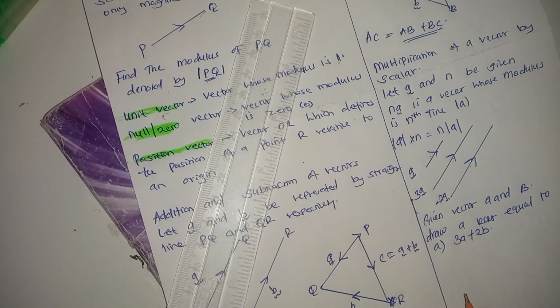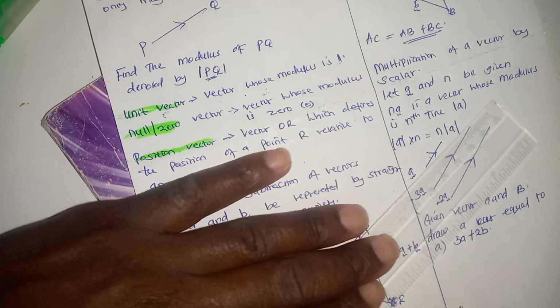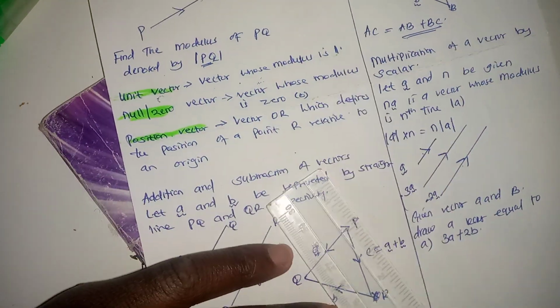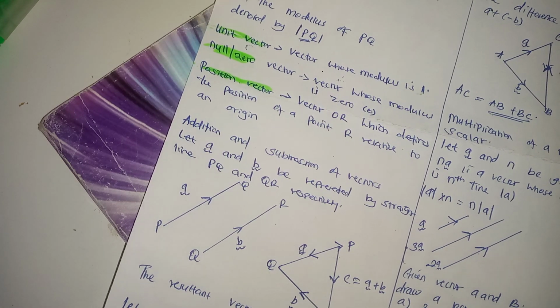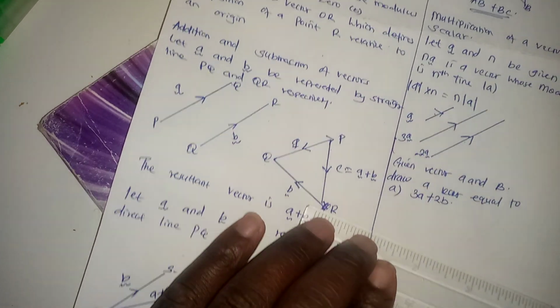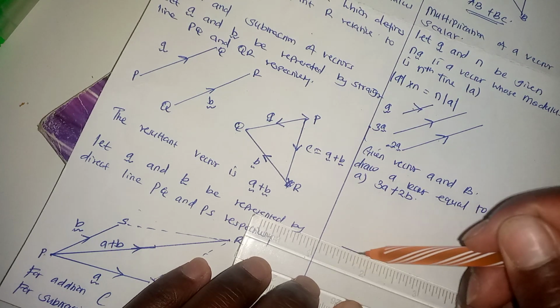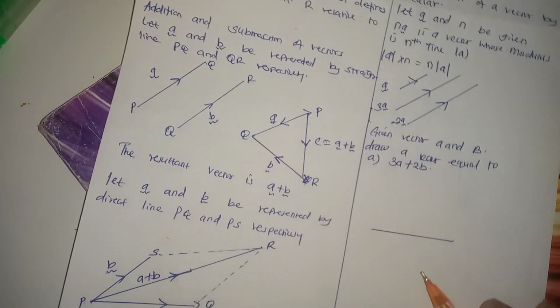Now let us follow these steps. You come first and draw 3A, because we are told 3A. Now A is like this. You can come and draw A, but now it is 3A, a little bit longer.